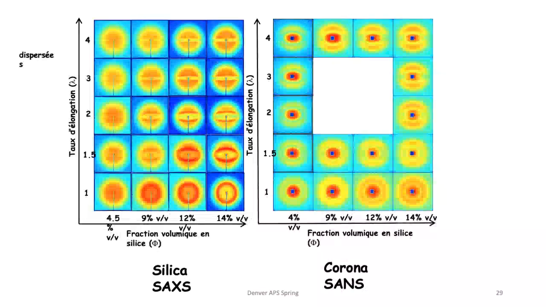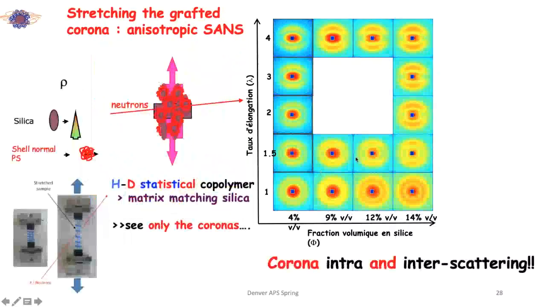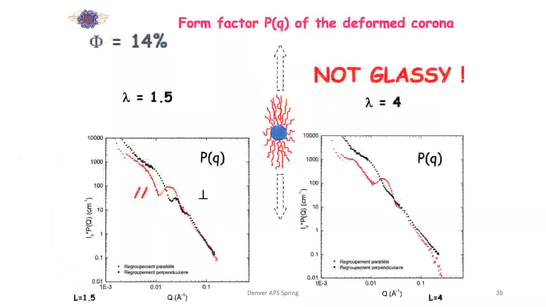Then, knowing this, we can introduce them on the right hand side patterns, and by dividing the signal by the structure factor, we obtain the form factor of the corona, and this corresponds to this kind of curve here.